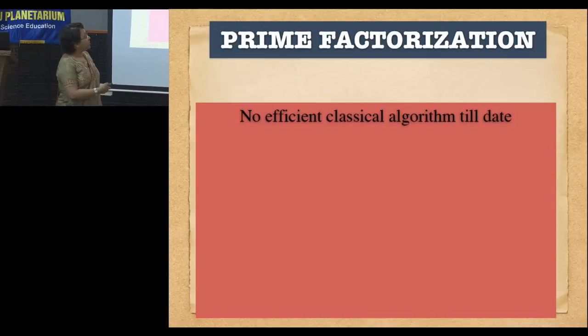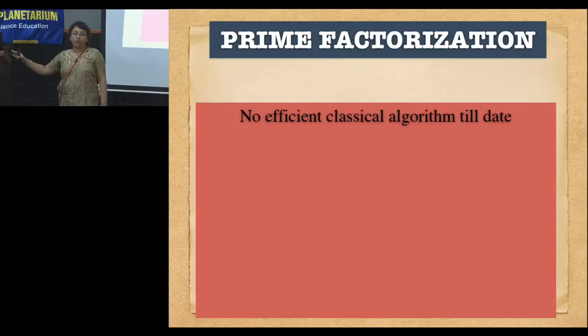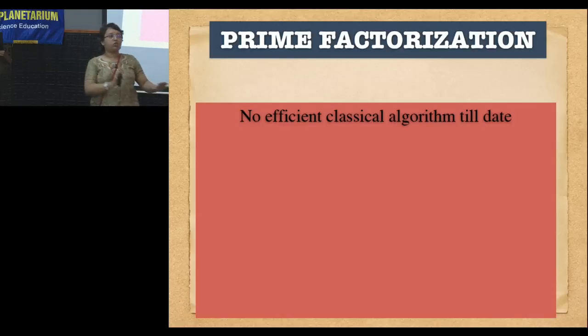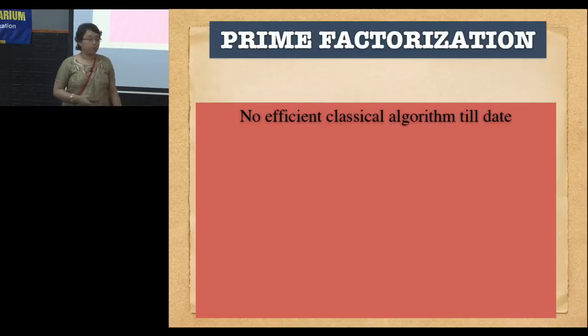And so this was the news, and so at least we identified one problem which we cannot solve on our normal computer, and not only a normal computer, but even the most powerful computer in the world will not be able to solve it.